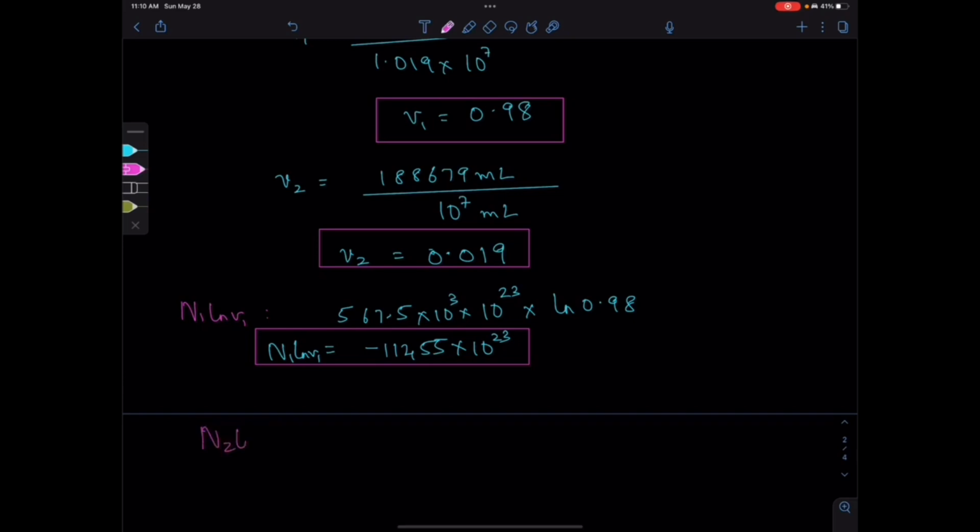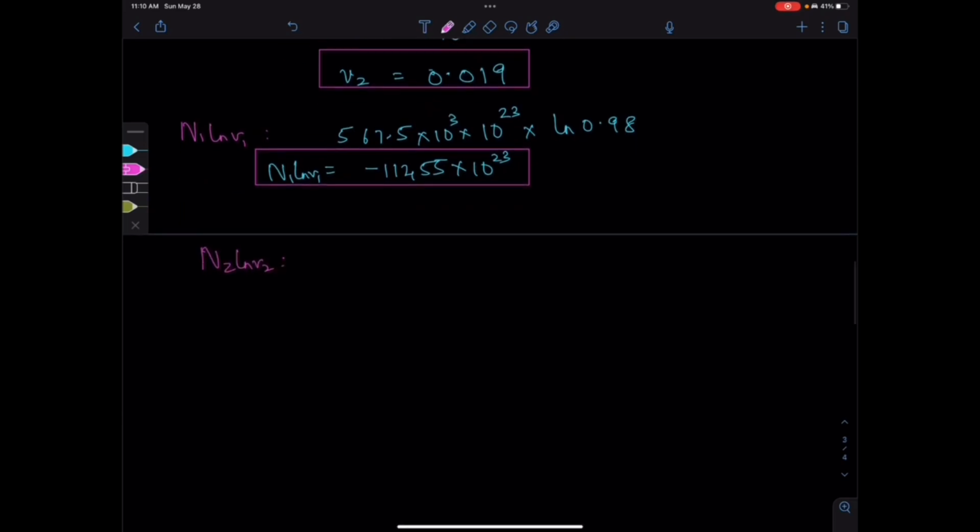N2 ln V2 would be number of molecules of polystyrene, 6.023 times 10 to the 23, since it's just 1 mole, times ln V2, ln 0.019, which is negative 23.87 times 10 to the 23.